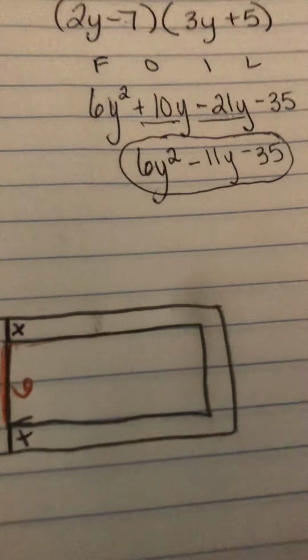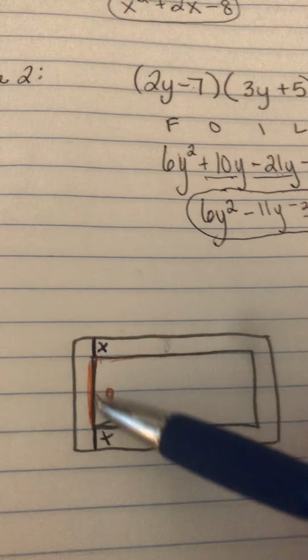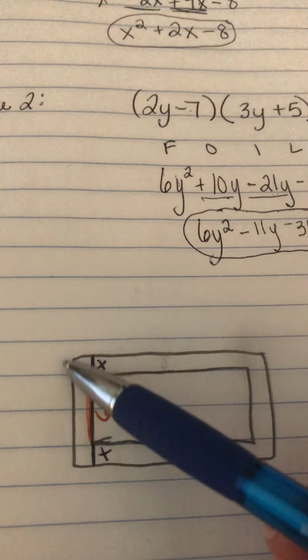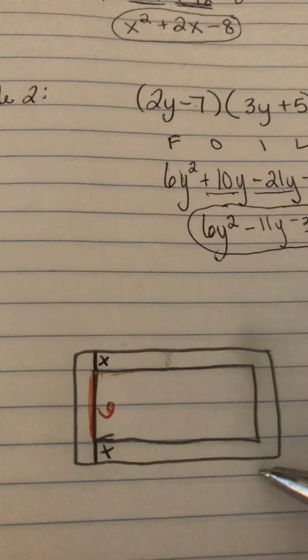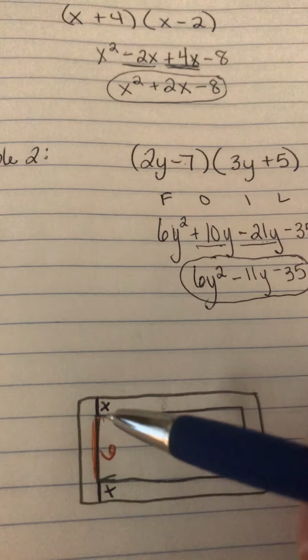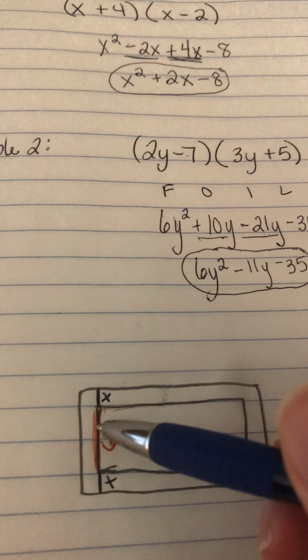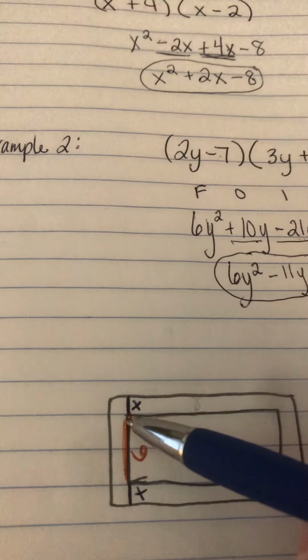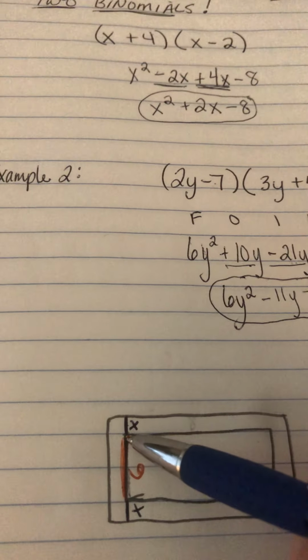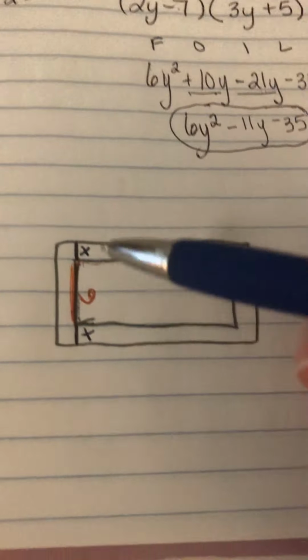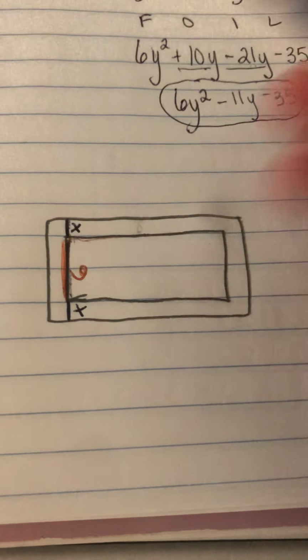So I started with just this inner rectangle, which is representing the garden, and then I put a walkway, like a sidewalk, all the way around the garden. Okay, so I used orange just to mark, they told you the length of the garden was 6 feet. So from here to here is 6 feet. And they told you the walkway that went all the way around it was x.